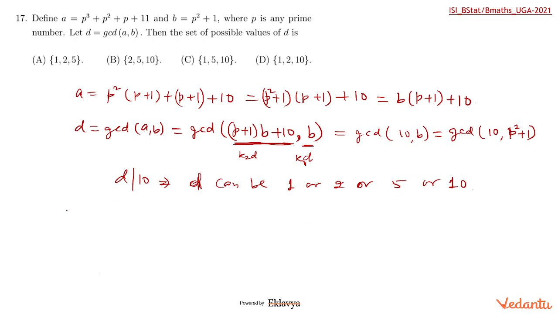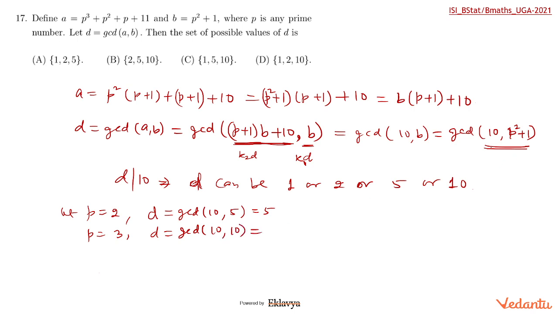So considering, let's suppose p is 2, तो देखा जाए कि d क्या है. p अगर 2 है तो ये हो गया GCD of 10 comma 5, that is 5. When p is 3, d is GCD of 10 comma 10, is equal to 10 only.